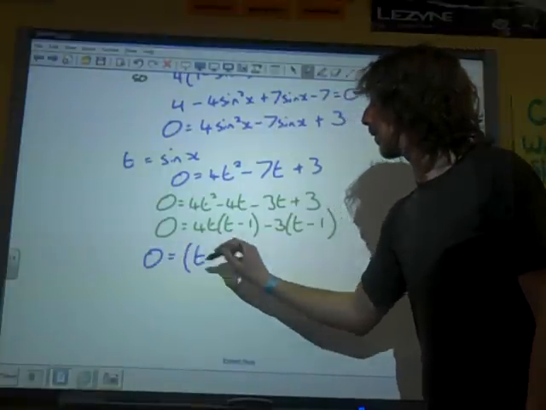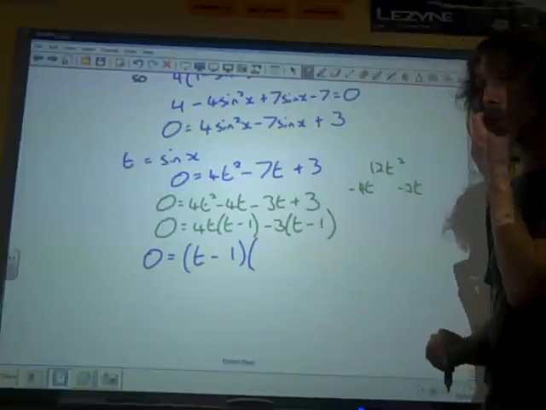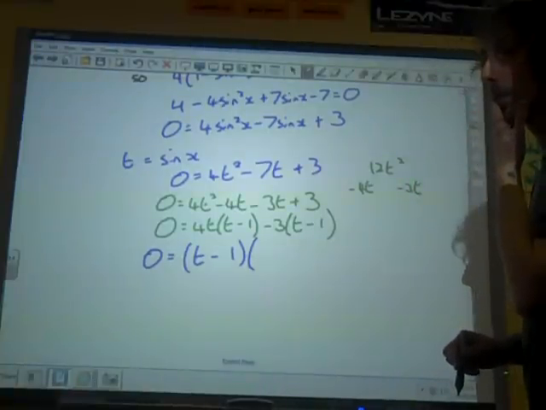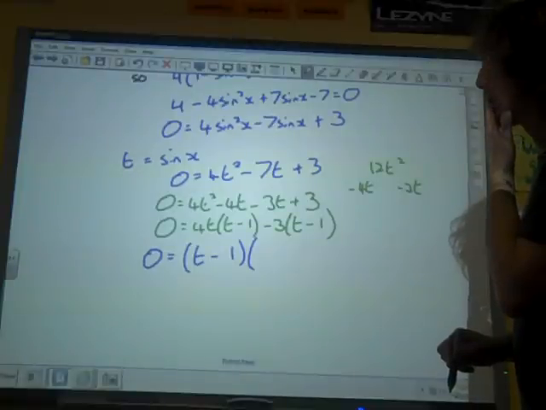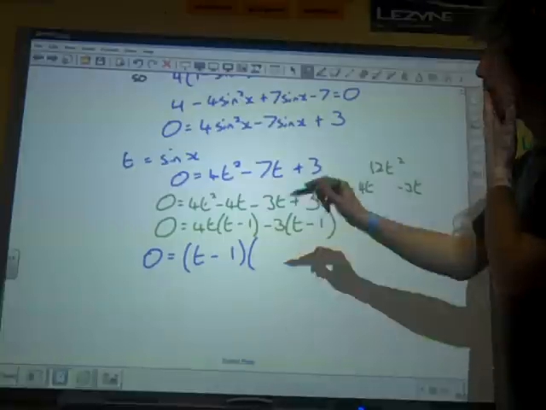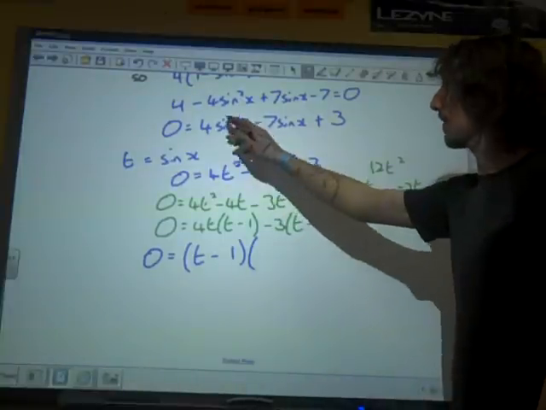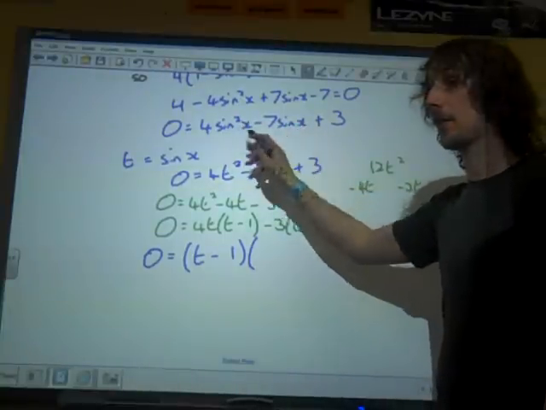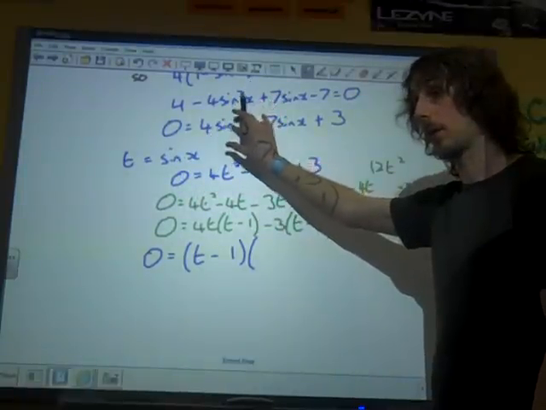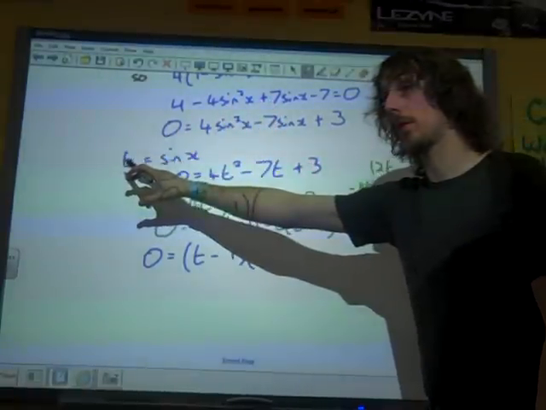You know, like you're putting in the t there? Like it's coming out as 4t squared. And that applies to sin x? All I'm doing is replacing the sin x by t. So this is 4 times sin squared x. Now sin squared x is t squared.